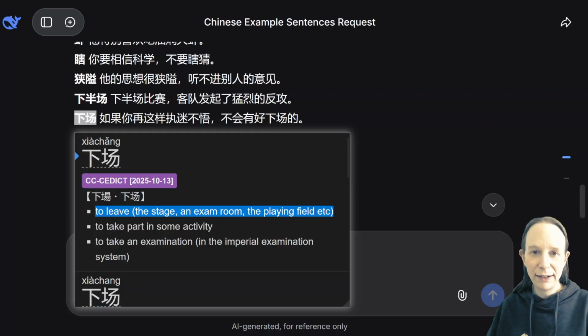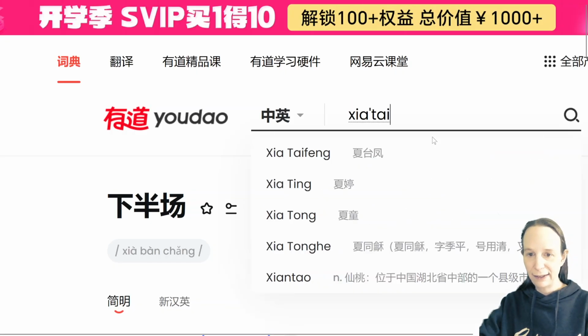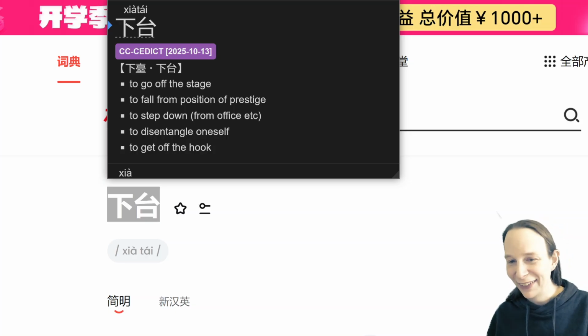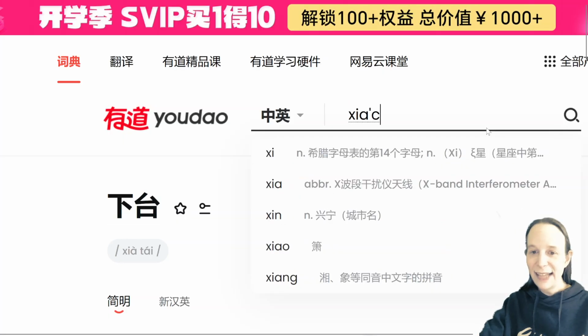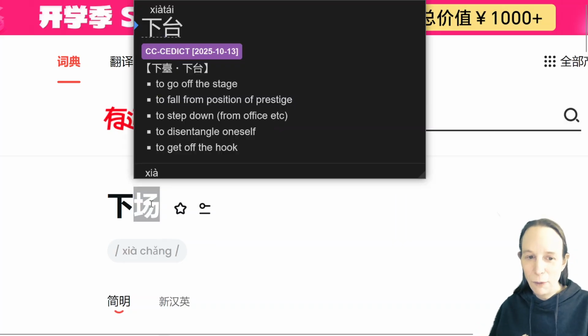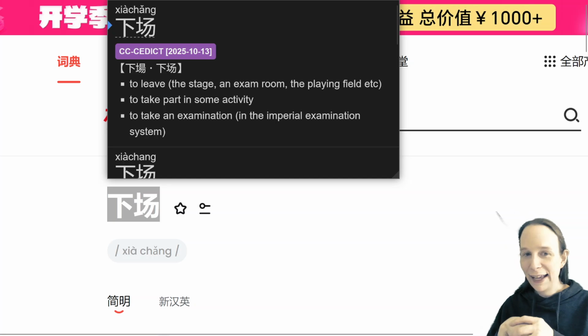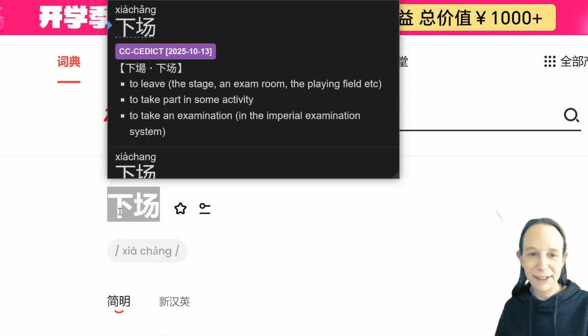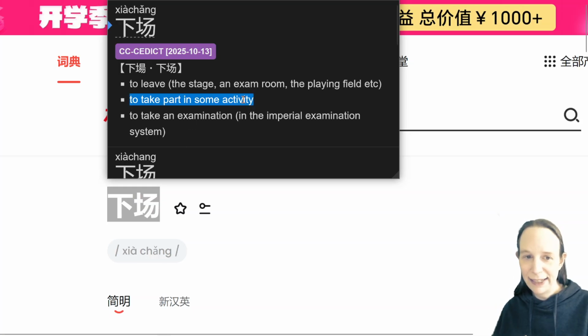So we looked at 下台? This is like, get off the stage! Which is often used figuratively to mean like a politician or someone should step down. So 下场 seems to have one meaning, the same concept, except it's like a football team rather than something else. 下场, exam room, playing field, etc. All right. 下场, to take part in some activity.